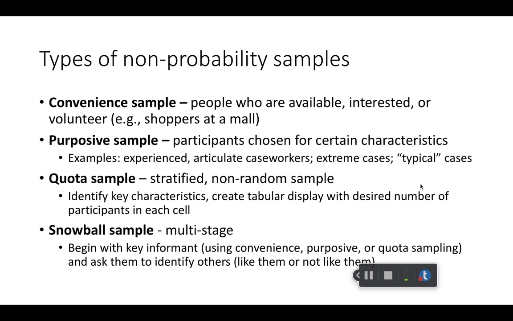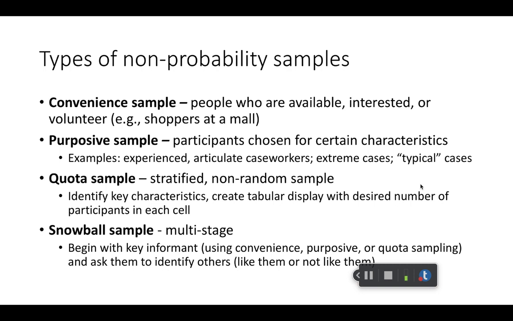So if construct validity or internal validity is particularly important to you, you might use a non-probability sample and understand that generalizability is going to be limited. So looking at these types of non-probability samples, a convenience sample is simply a sample of people who are easily available to you, people who are interested in the study or who volunteer.